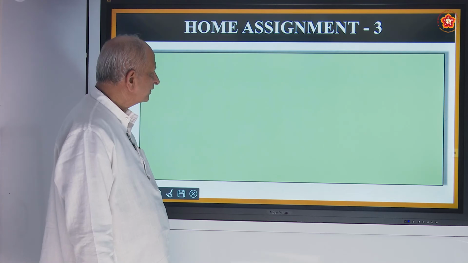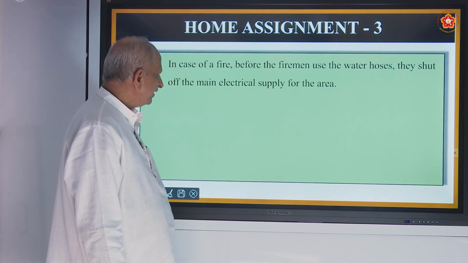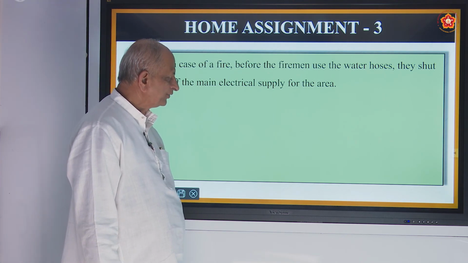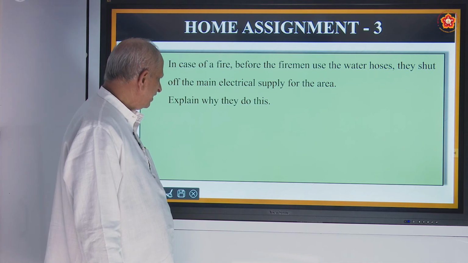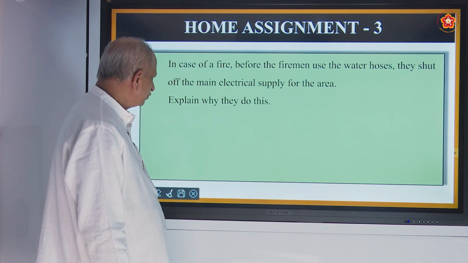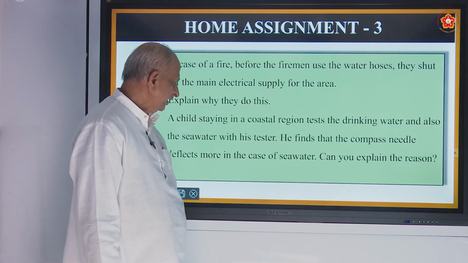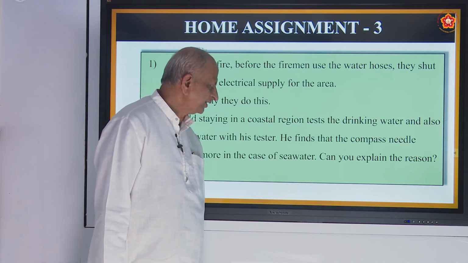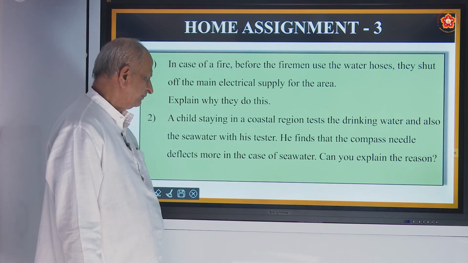Now let us see some home assignment. First, in case of a fire, before the firemen use the water hoses, they shut off the main electrical supply for the area. Explain why they do so. Second question: a child staying in a coastal region tests the drinking water and also the sea water with this tester.